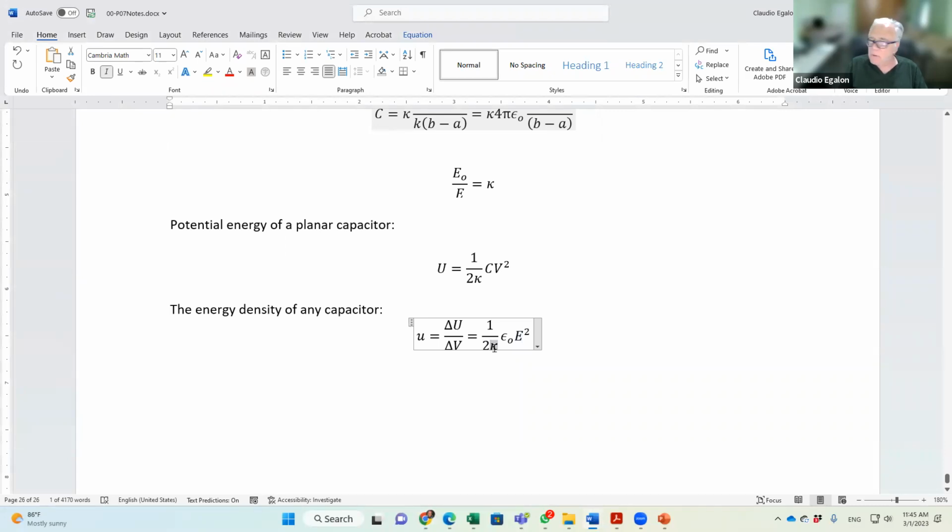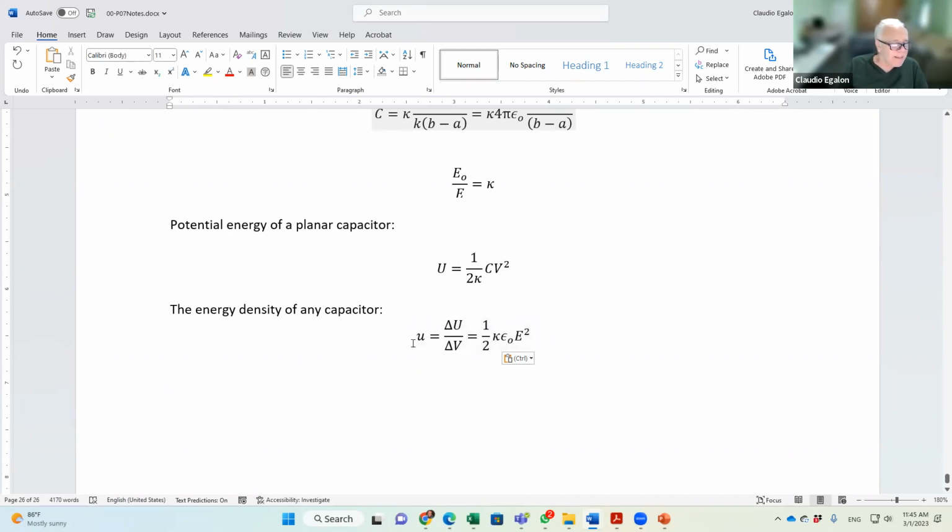Kappa is upstairs, according to the book. The kappa should be upstairs too. Okay, according to the book it is like that.